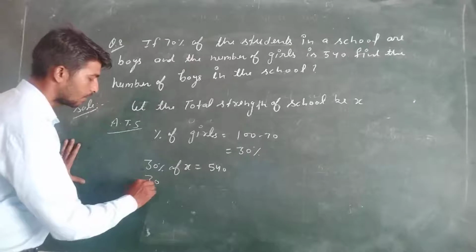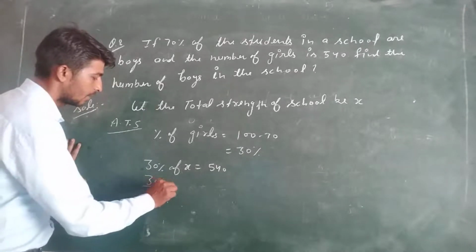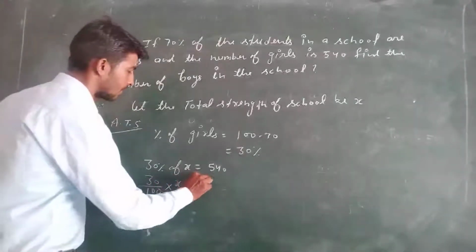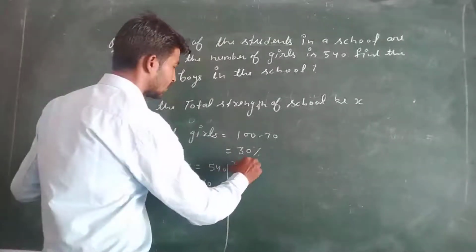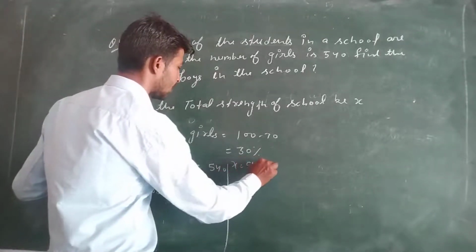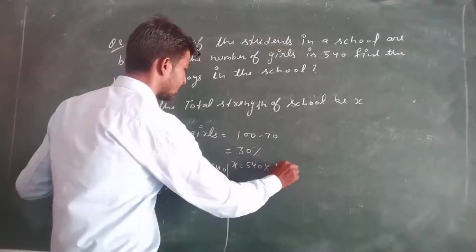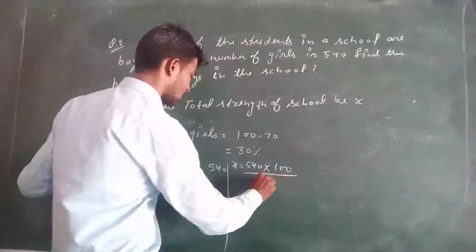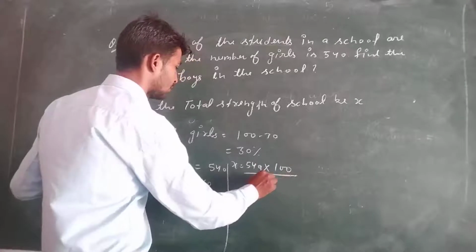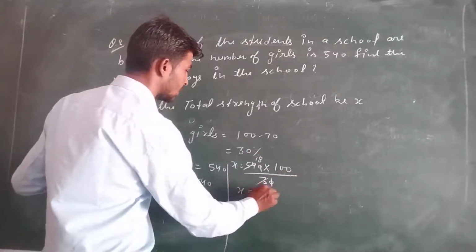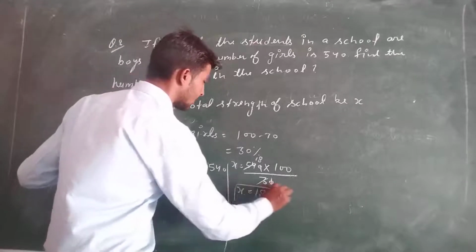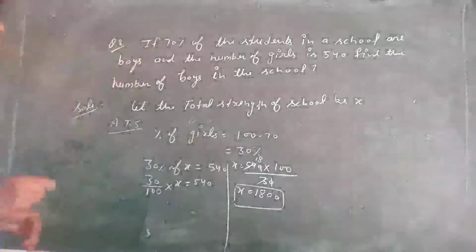So 30 upon 100 multiply X is equal to 540. Here X is equal to 540 multiply 100 upon 30. Zeros cancel, 3 times 18 is 54. So my dear students, the total strength of the school is 1800.